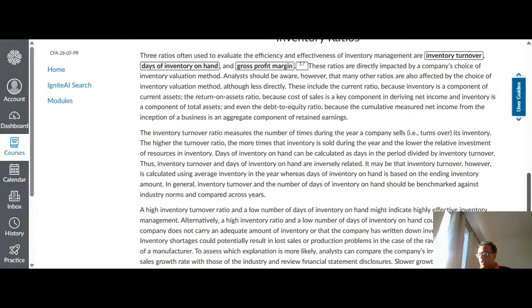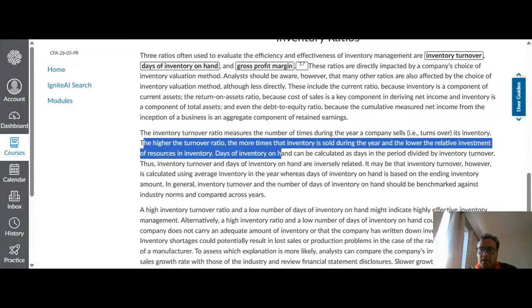So the company sells 100 times the stock it has. That's the inventory ratio. The higher the turnover ratio, the more times the inventory is sold during the year, and the lower the relative investment of resource in inventory.